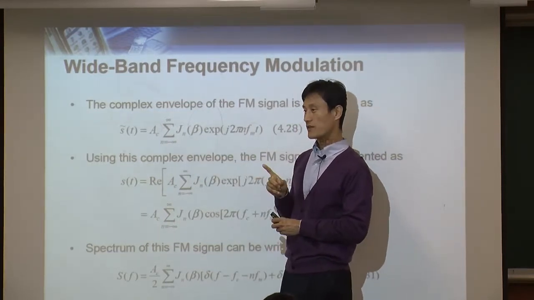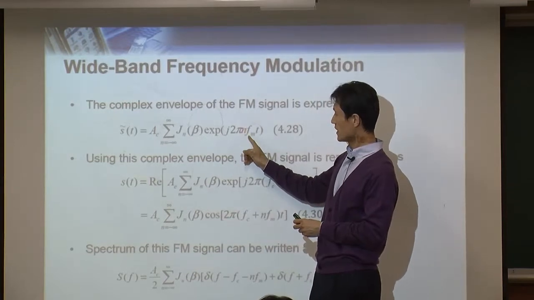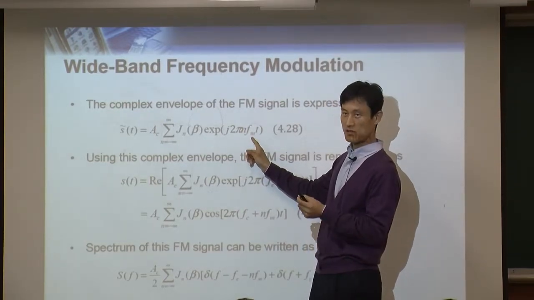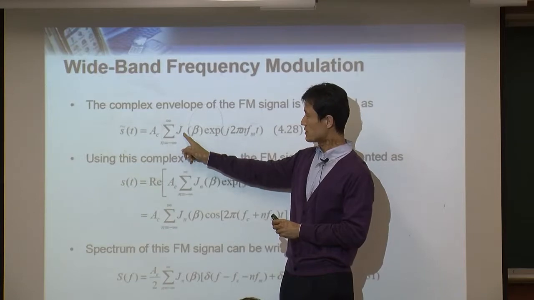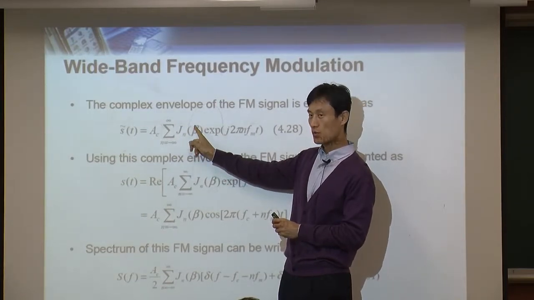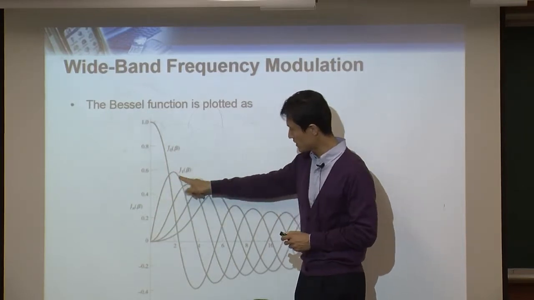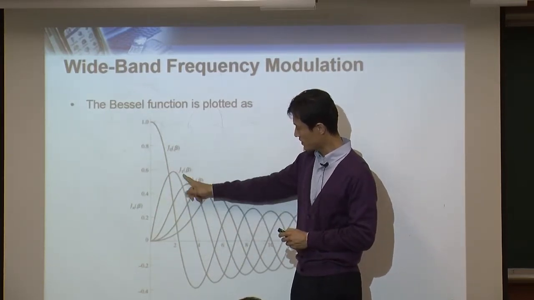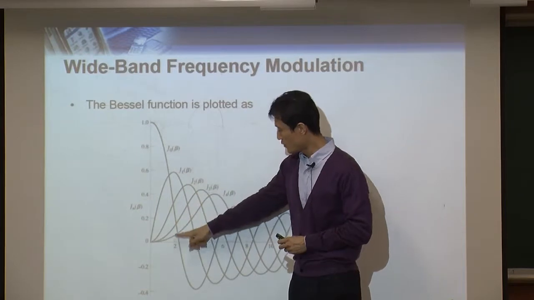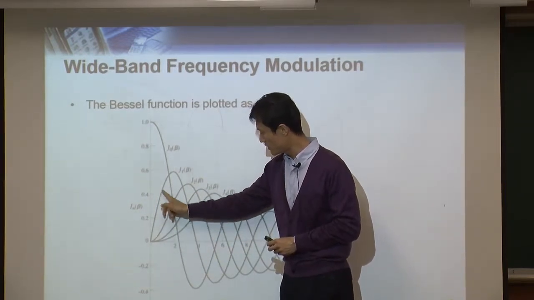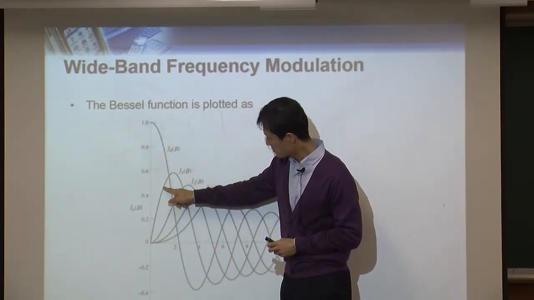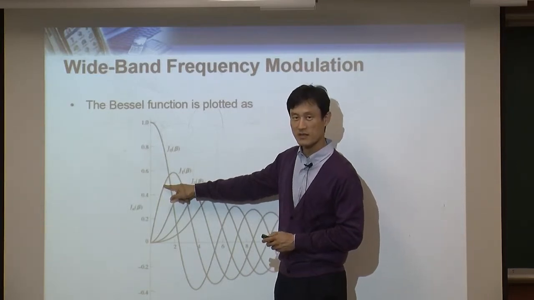Now n equals 1, that means put 1 here, then we know that we have fm, that's the frequency, and 1 goes in here, so J1, and beta was also 1. So go back to the Bessel function. Now we are going to use this Bessel function, because that's n equals 1. And we simply read beta equals 1, then it's somewhere here. So it's about 0.5, something like that.